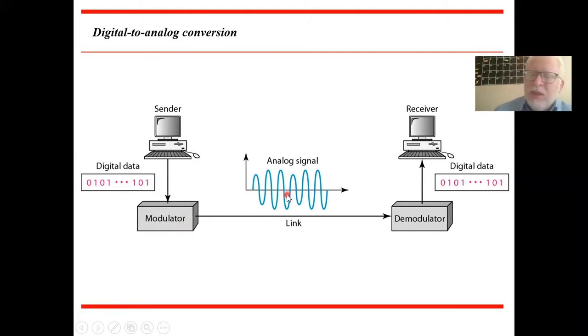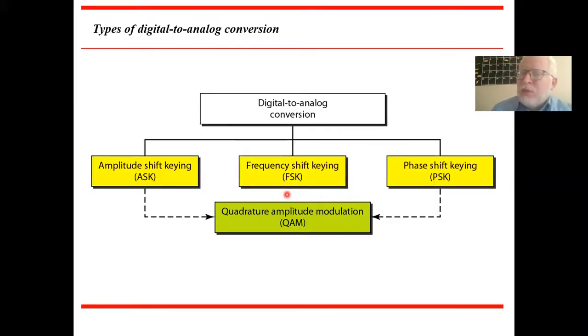So, as we mentioned earlier, in the carrier signal, we have 3 main parameters that can be tuned based on the message. These parameters are the amplitude of the carrier, the frequency of the carrier, and the phase of the carrier.